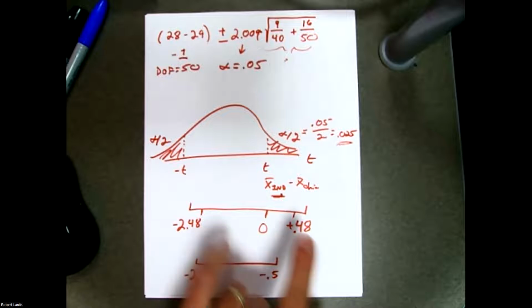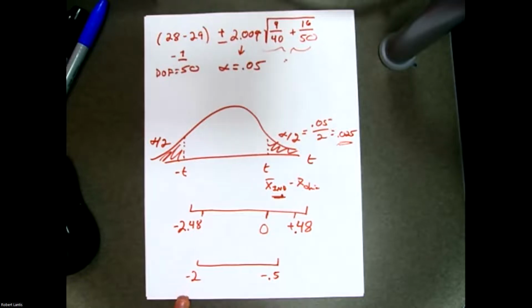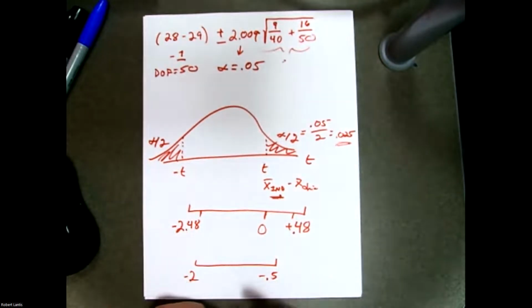Because there's only negative values in my confidence interval. That makes sense. Any questions on that? So know how to make those interpretations of the confidence interval. And really the key there is you're looking for, does it cross over 0? Questions there?